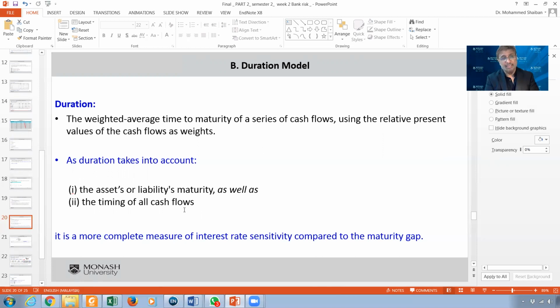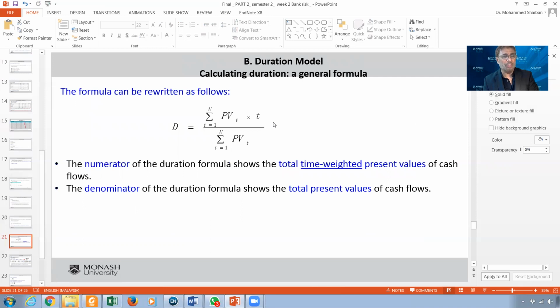It will be less than 3 years. The model was constructed in a way that it will take a cash flow and decrease the timing. So the loan shows 3 years, but the duration model will take it as less than 3 years if there is cash coming through the time. So this is the formula actually.